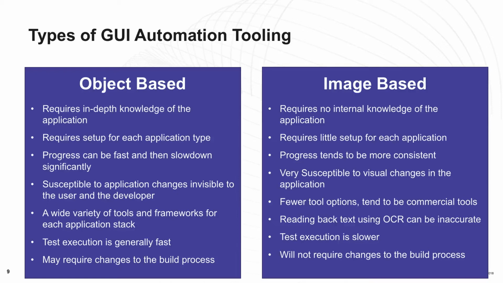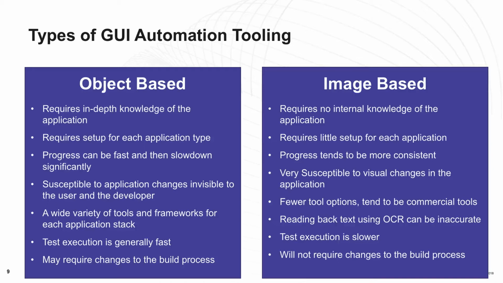If it has successfully found a match for that bitmap, for example the login button, the tool will then move the mouse pointer over the image that matches the login button and click the mouse button. In effect, the result is the same from an application point of view. Ultimately, it has found a control and interacted with it, clicked on it.